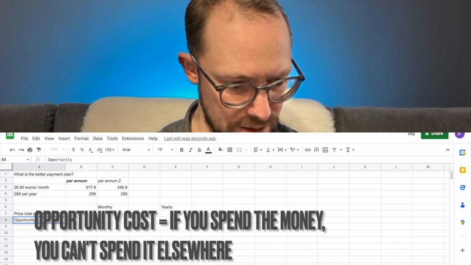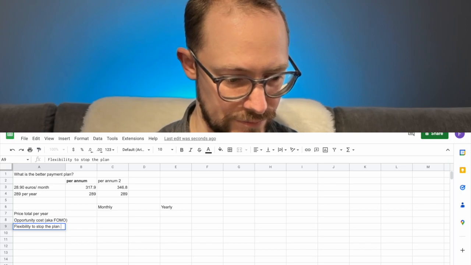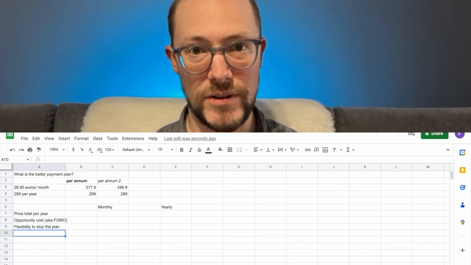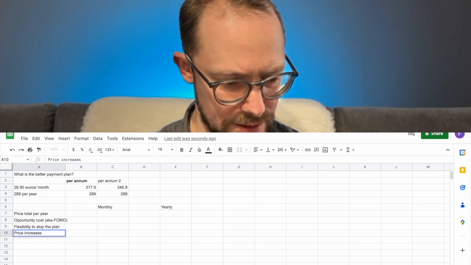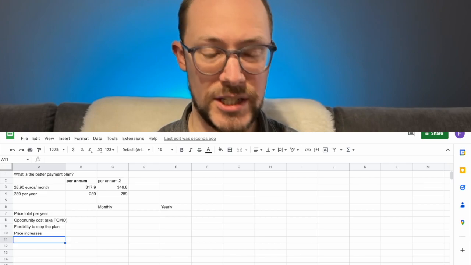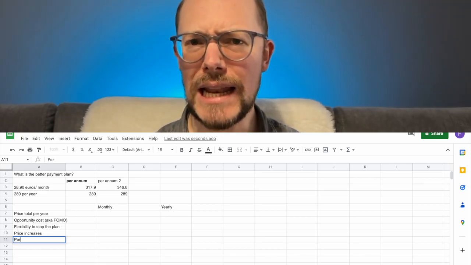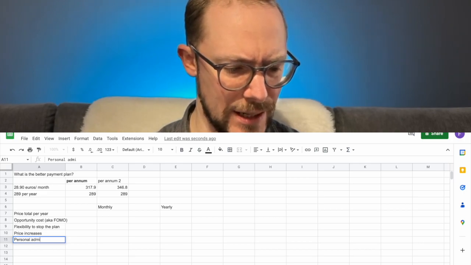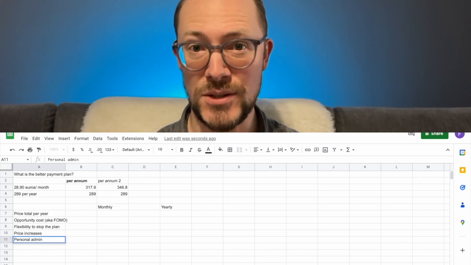Opportunity costs, flexibility to stop the plan is very important. Can I just stop whenever I want, and what do I get back? Price increases. The Economist will want to raise the price whenever inflation is getting too high or they have any other reason. And I'm also adding a line for personal admin. I'm trying to reduce admin as much as possible in my life. So for me, that's also an important factor.